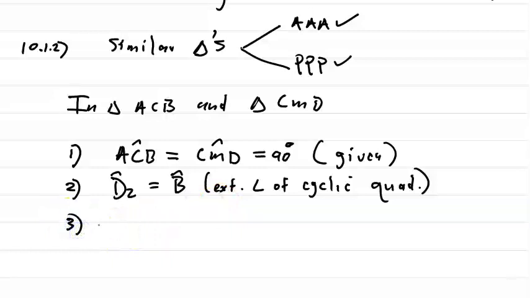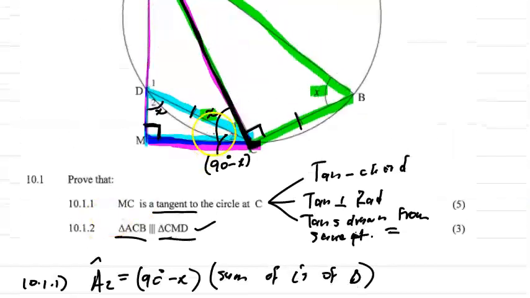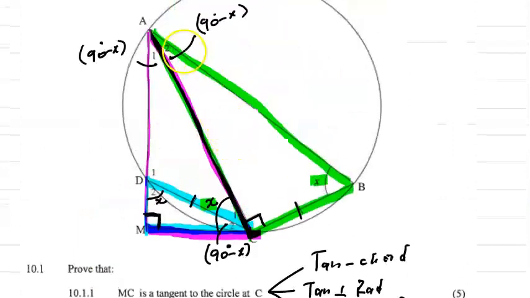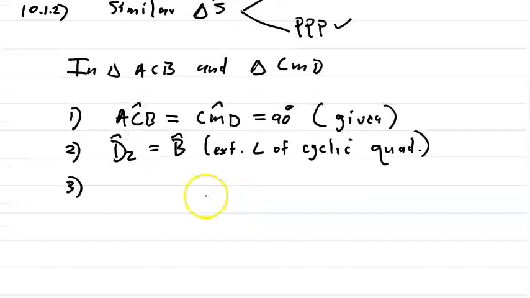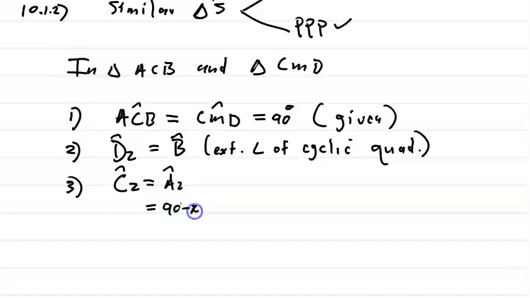Statement number 3 will be that C2 is equal to A2, which equals 90 minus X, the remaining angles. So we'll write that down: C2 equals A2, that's equal to 90 minus X, and that's the remaining angles.